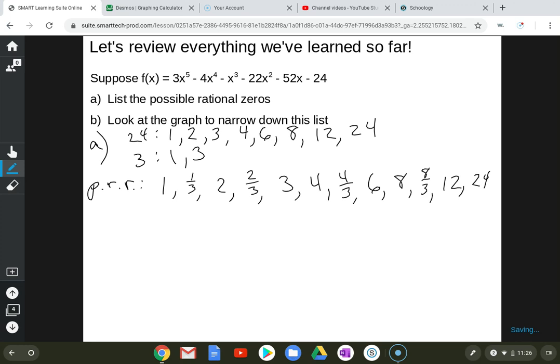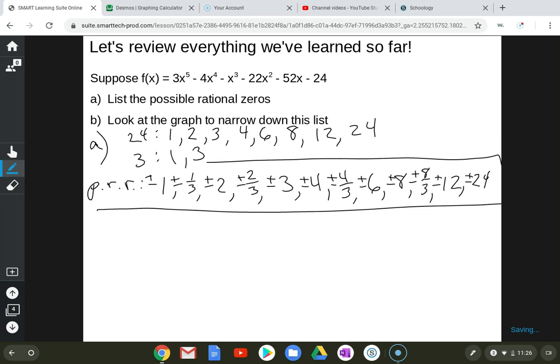So here's all of our possible rational roots, except we've got to put our plus or minus in front of every single one. And there we go. All right, so part A, possible rational zeros. My goodness, that's a lot of them, but that's okay.